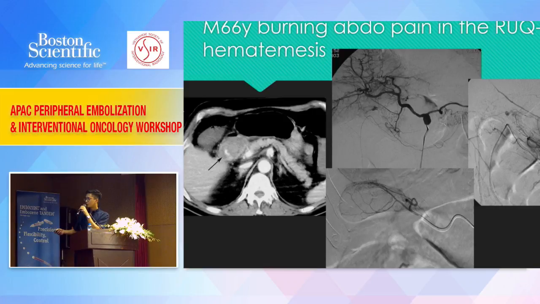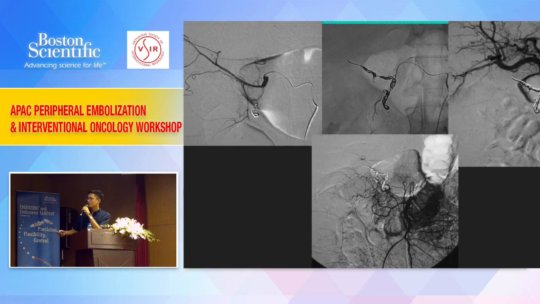Because we cannot advance the microcatheter into the lesion, we occlude the distal and the proximal branch by coil.